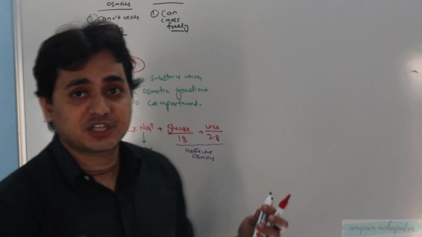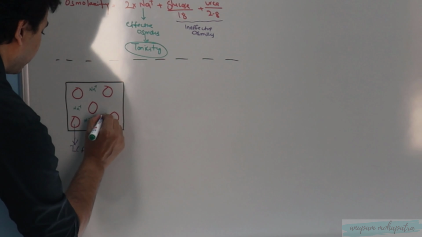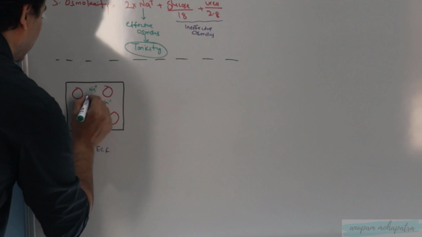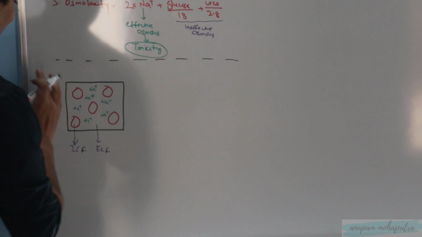Now on the outside we have sodium. Because sodium is there outside, it cannot cross freely to the inside of the cell, so it maintains the tonicity and there is a balance.